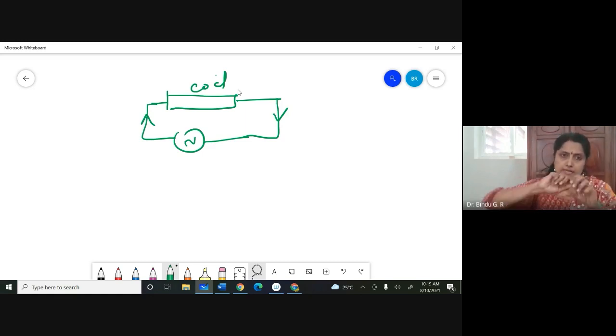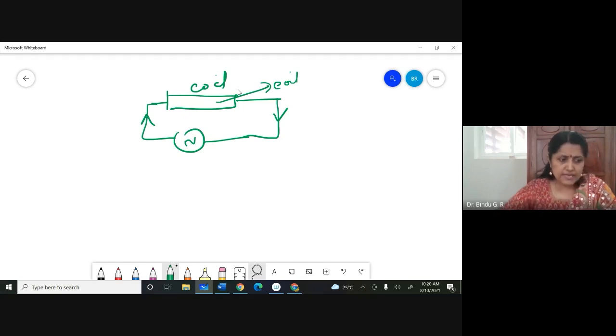Whenever I pass current through a coil, I have an electric field as well as a magnetic field. Whenever I pass a varying current through the coil, I get a varying magnetic field. Now, this varying magnetic field is linked with the coil itself. And when the magnetic flux linked with that coil varies, an EMF is induced in the coil also, isn't it?